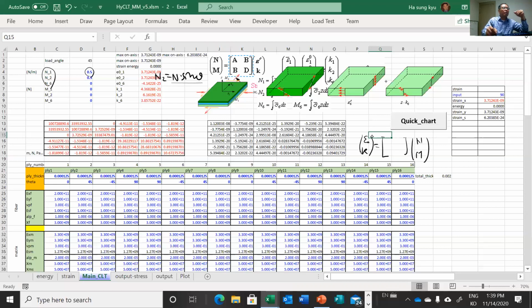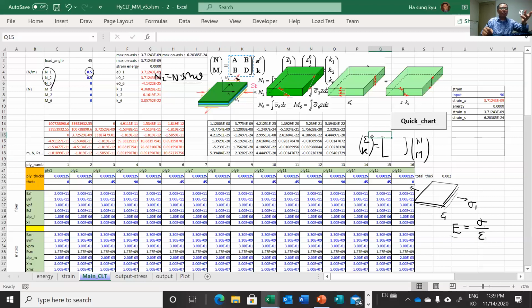Now, how do we calculate the stiffness? How do we calculate the stiffness? Stiffness is simply when we have a material and we apply a load, a stress sigma, and we have an epsilon 1, then E, the stiffness, is defined by sigma divided by epsilon, right?